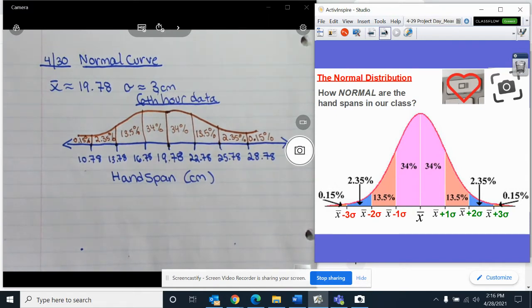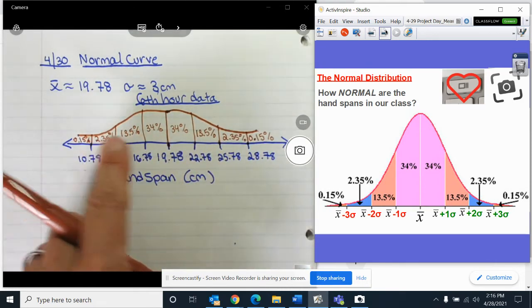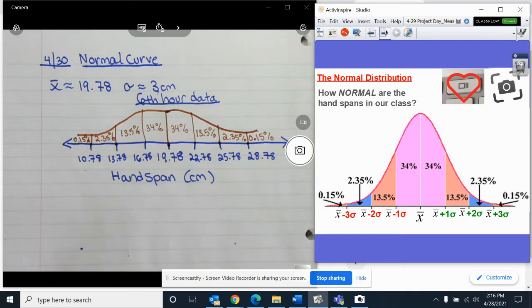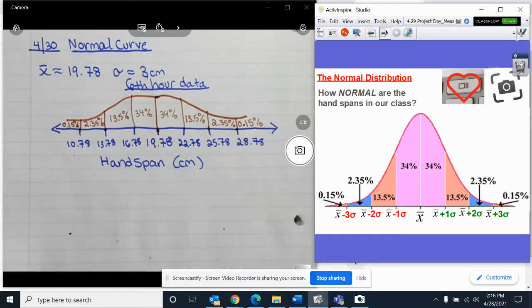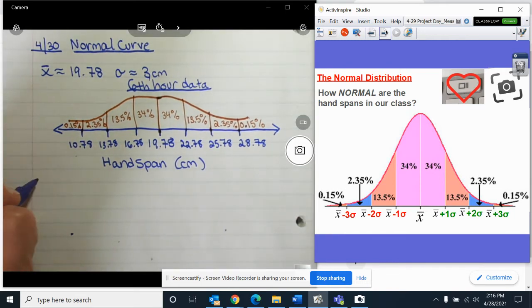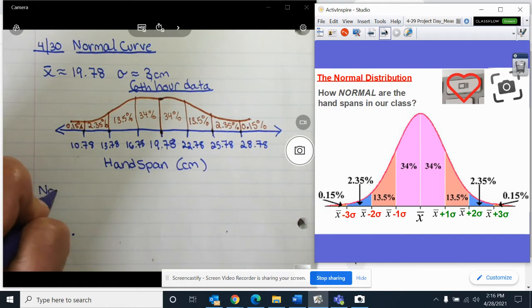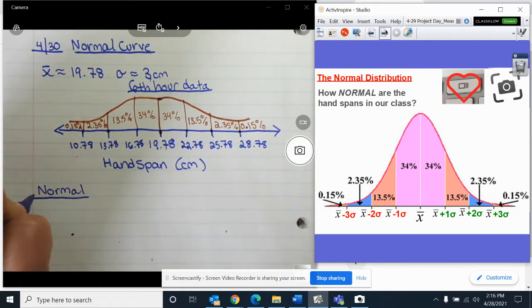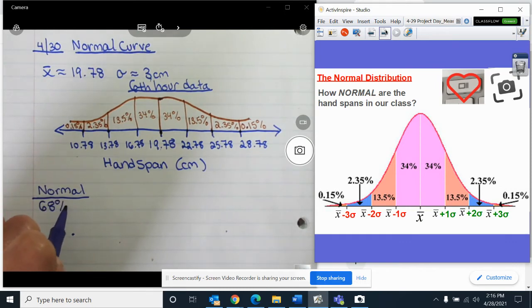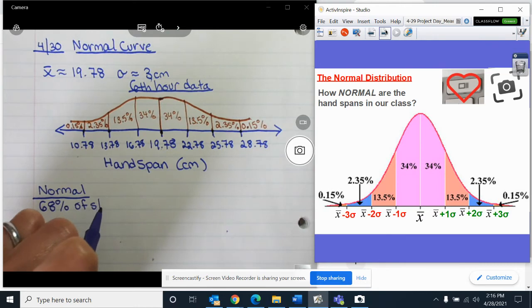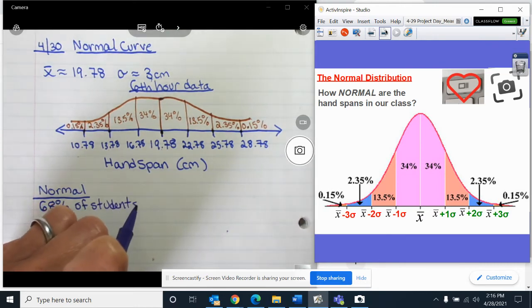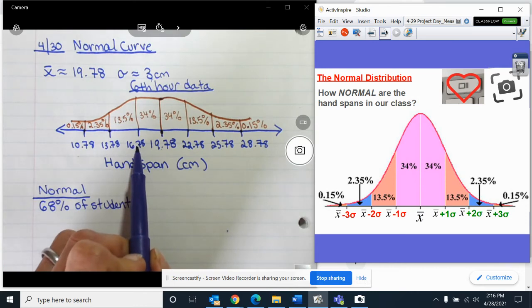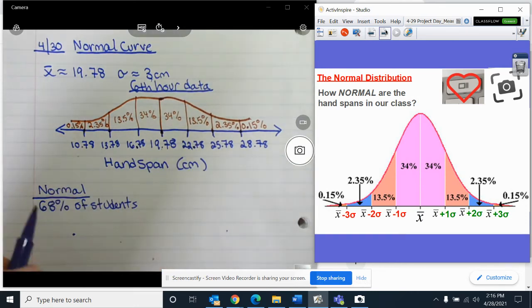But now let's compare our actual data to these percentages. So if we were truly normal, if our handspans in class were truly on this normal curve, that means that 68% of students are between 16.78 and 22.78.